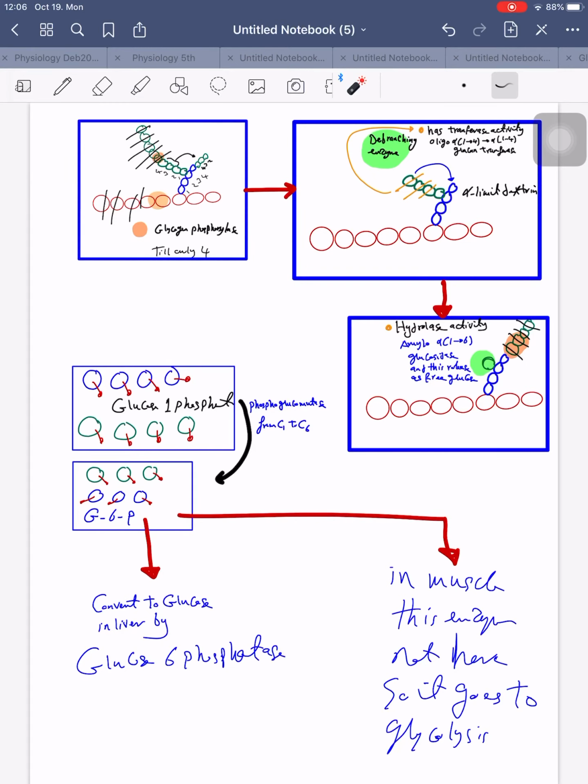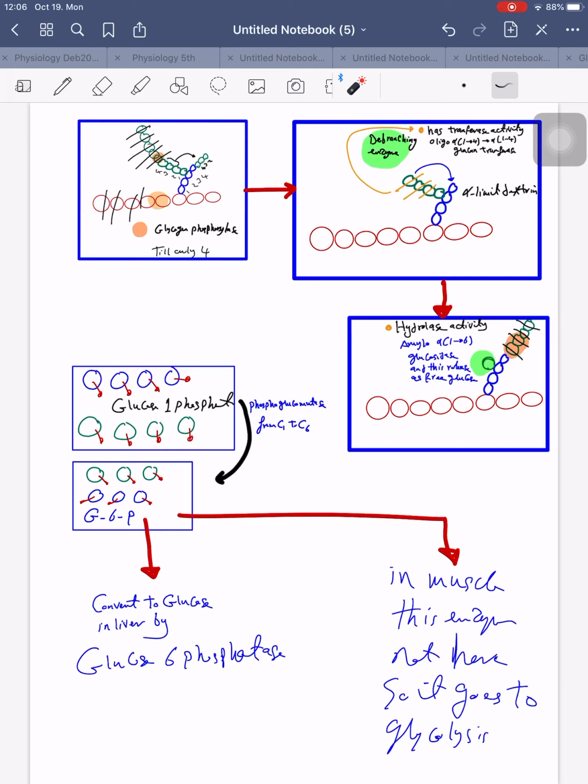You remember gluconeogenesis? In the last step, when I convert glucose 6-phosphate to glucose, I need the enzyme called glucose 6-phosphatase. But this enzyme is found only in the liver. So only in the liver can we convert glucose 6-phosphate to glucose.